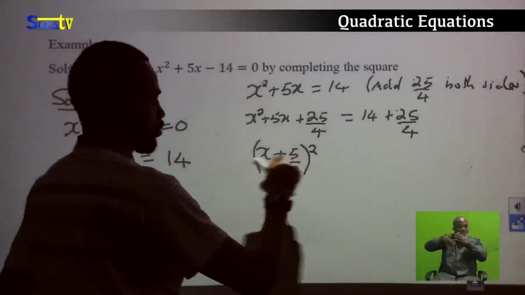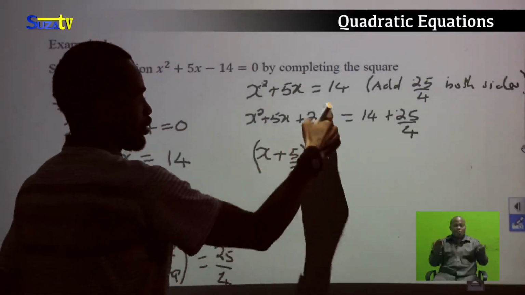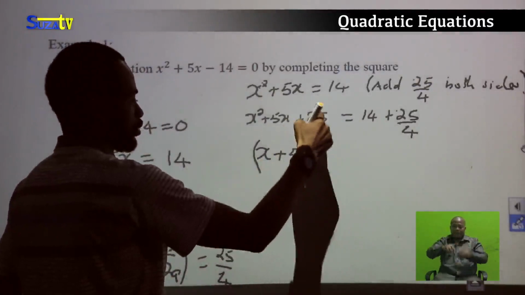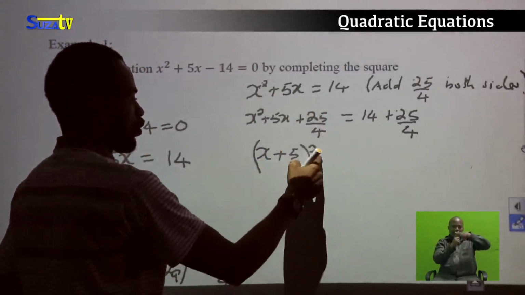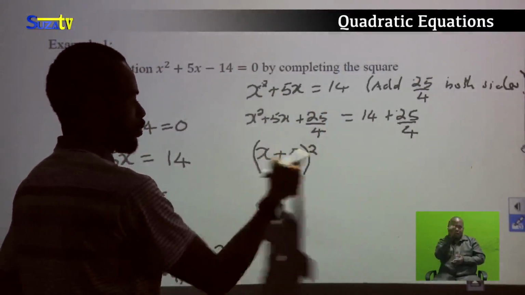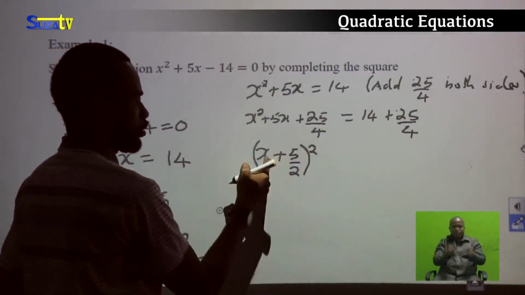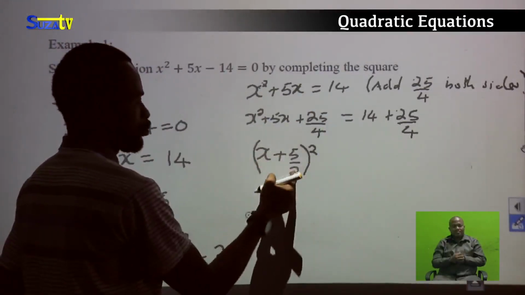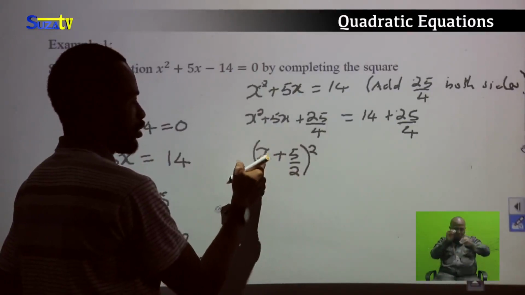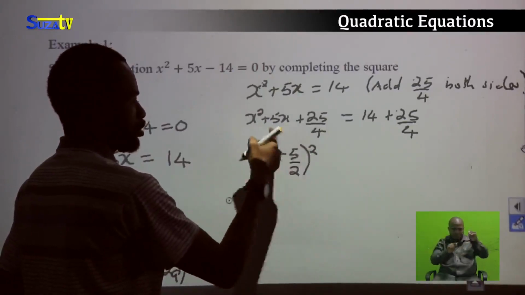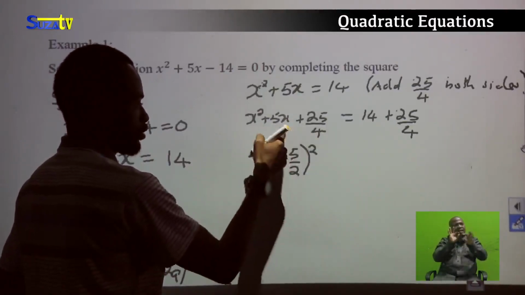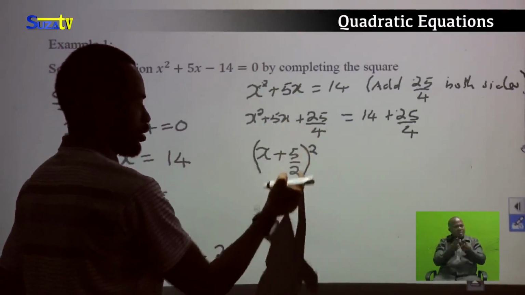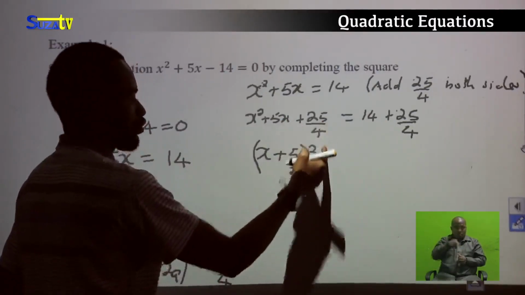So this is the same as writing x plus 5 over 2, the whole thing squared. If you expand it, it's going to be x squared, then 5 over 2 plus another 5 over 2, which gives 5x, and then 25 over 4.